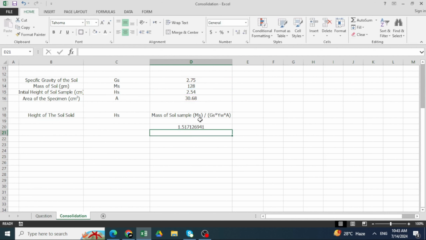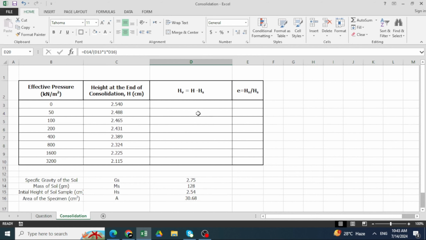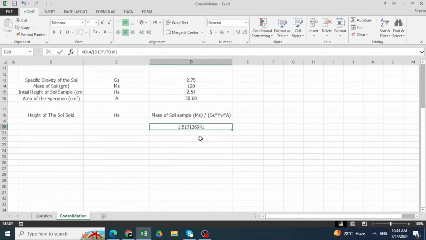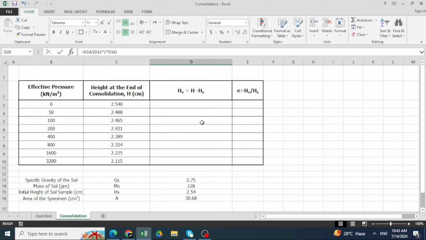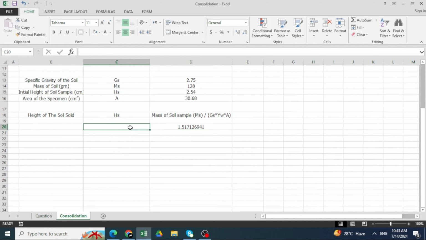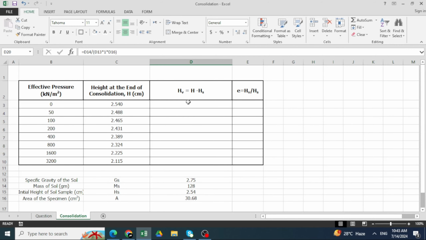Clicking enter. Now you can see the height of the solids. So this is the height of the solids through which we will be able to calculate the void height. Writing here height of solid Hs. So this was the required height of solids.